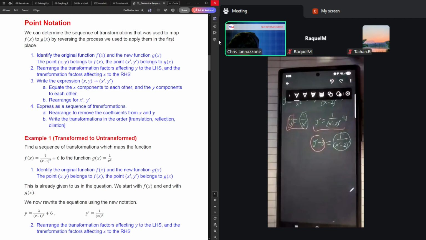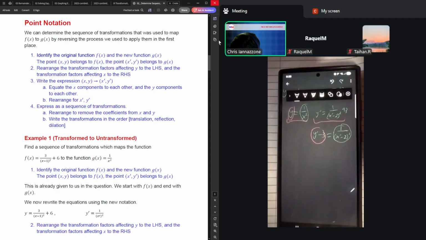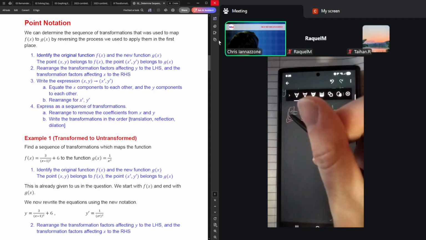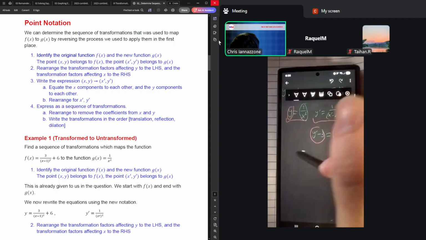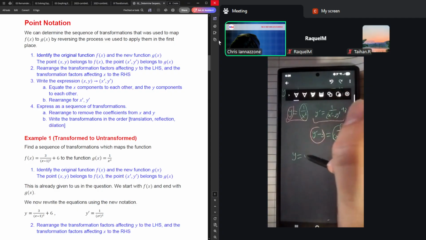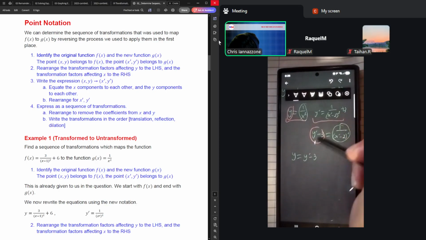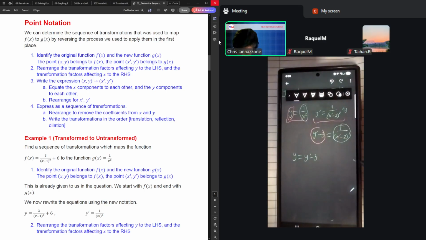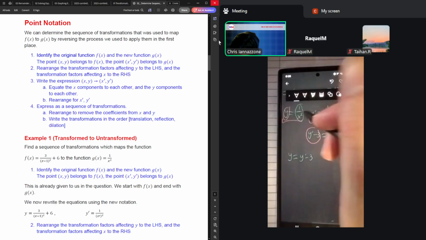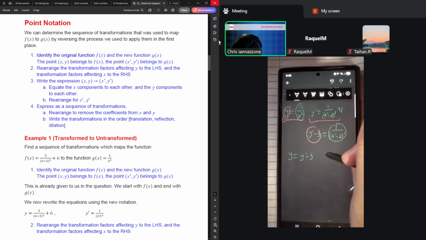I won't even bother mentioning the shortcut here because I think it just confuses people. Y is the same as y dash minus 3. Y equals y dash minus 3. Left equals left. Same thing over here. Right equals right. 1 over x squared is equal to 1 over x dash minus 2, all squared.